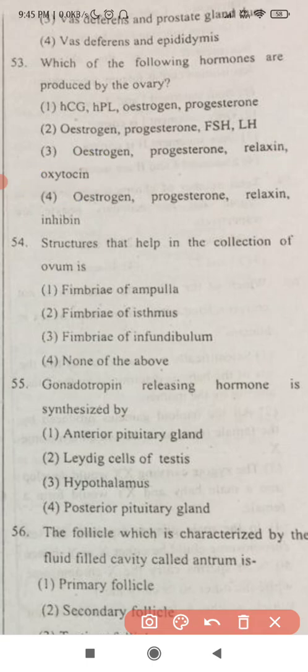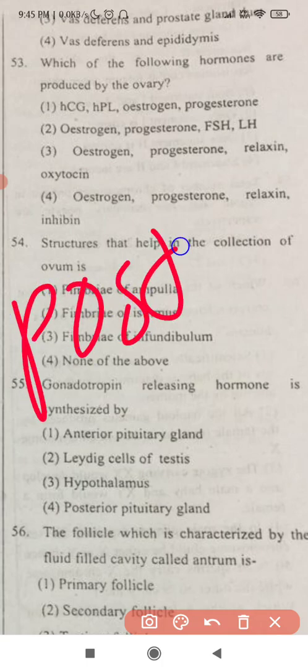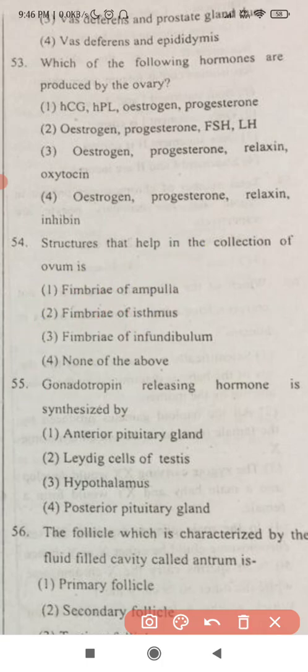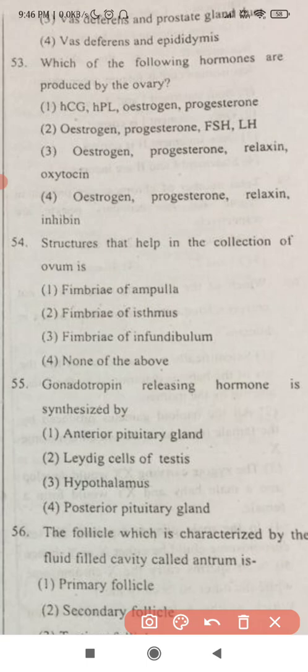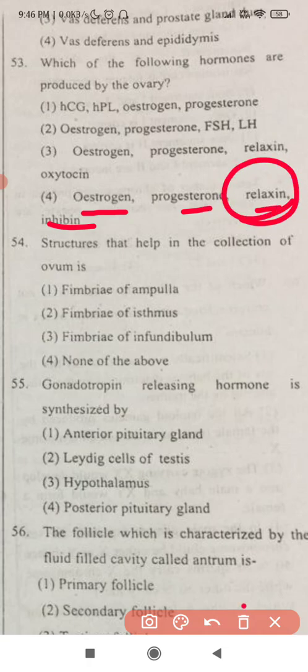Oxytocin is not secreted by ovaries, it is secreted by posterior pituitary, also called neurohypophysis, but actually it is synthesized in hypothalamus and is just temporarily stored in posterior pituitary. So these three options are eliminated. The last option, estrogen, progesterone, relaxin, inhibin.